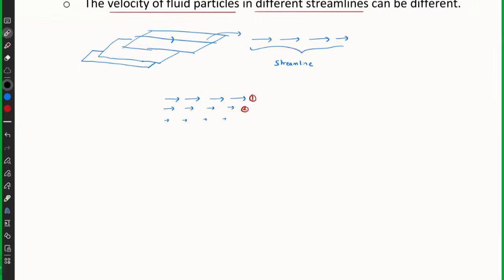So let's say we're talking about laminar flow that happens in a horizontal plate.